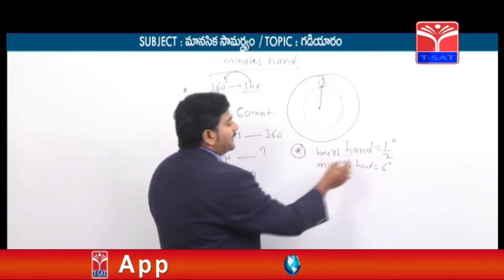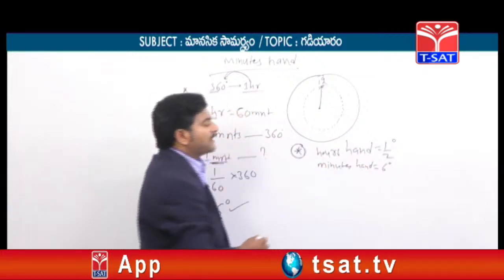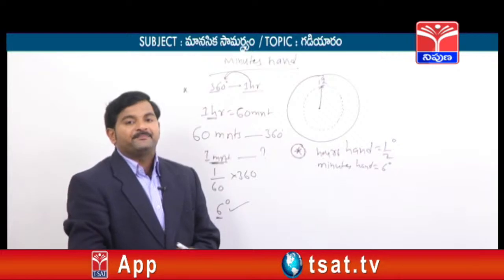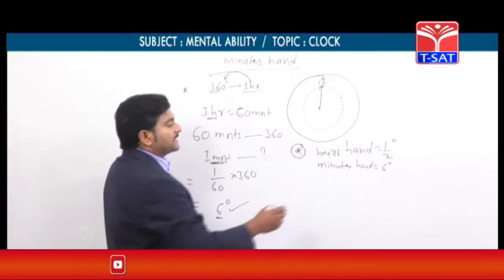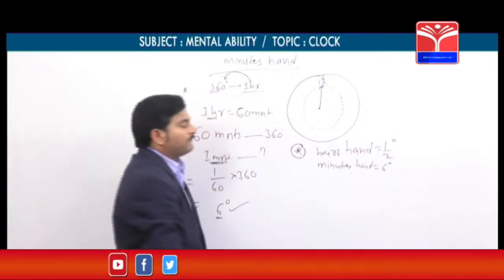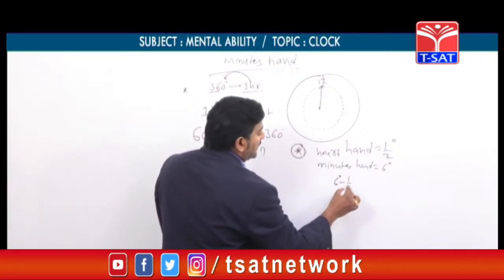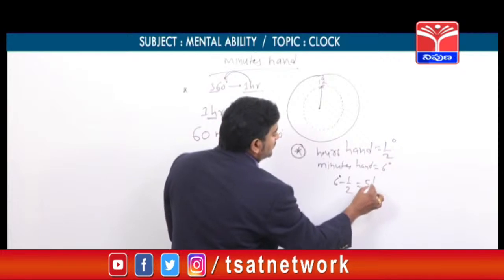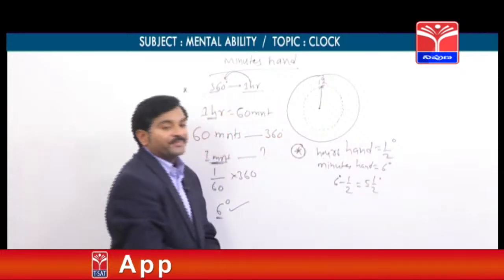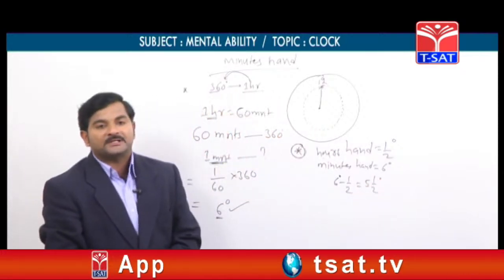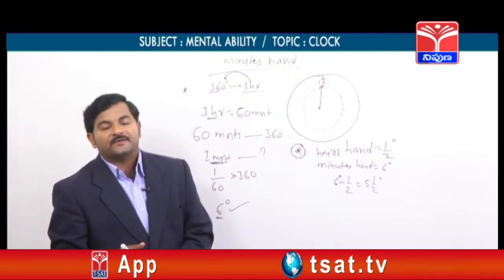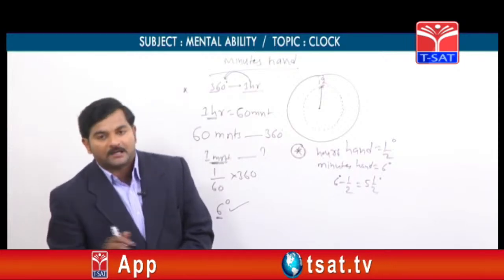If you take this difference, 6 degrees minus half a degree, which equals 5.5 degrees. This 5.5 degrees is said to be the relative speed of the 2 hands in a clock.